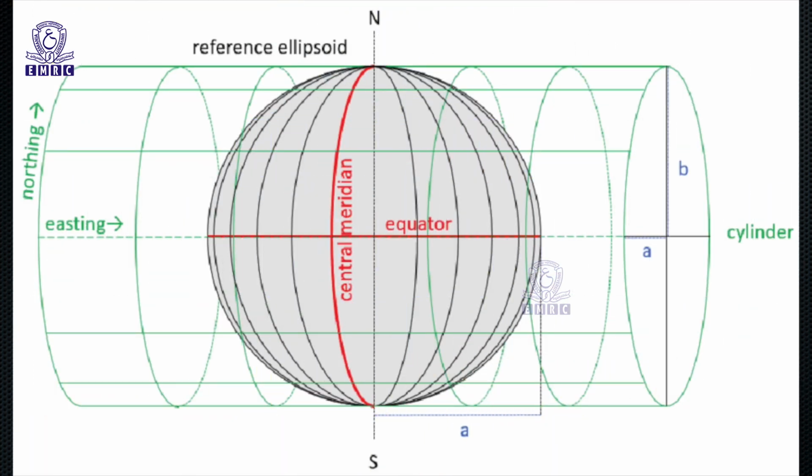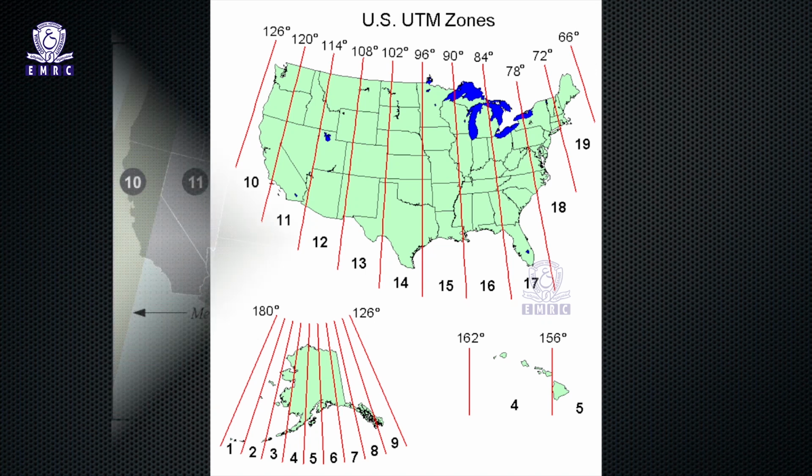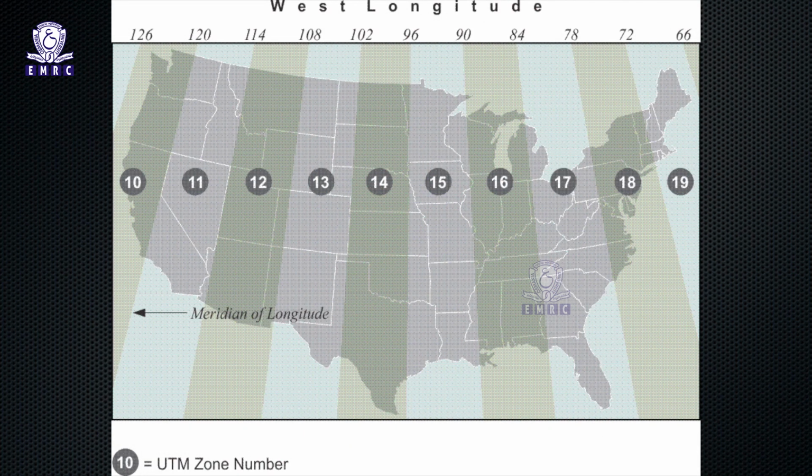Each zone is further divided into the northern and southern hemispheres. The definition of a UTM zone therefore carries a number and a letter. For example, UTM zone 10 north refers to the zone between 126° west and 120° west in the northern hemisphere.